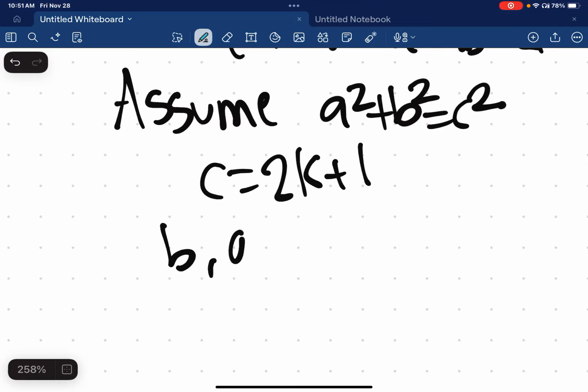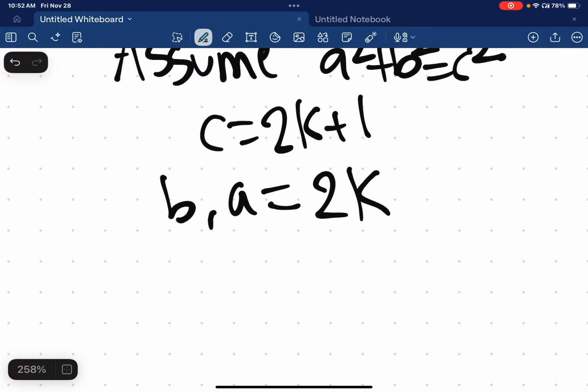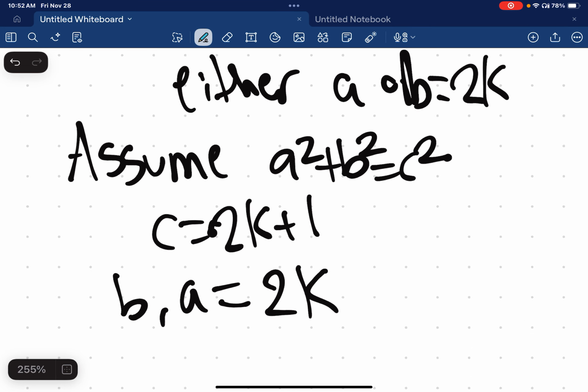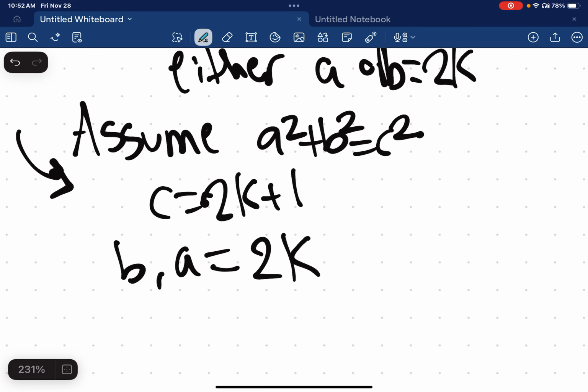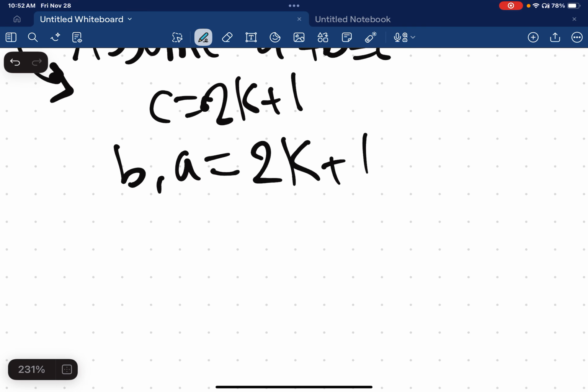Oh, sorry, we're trying to assume the opposite: assume not the contradiction. We're going to assume a and b are both odd numbers. All right, we'll first start with assuming that both of them are odd.